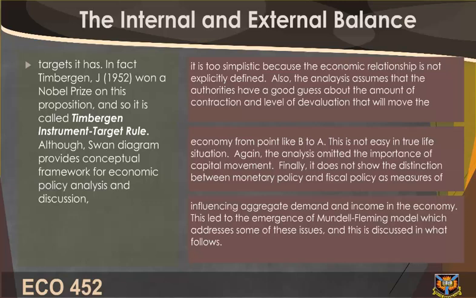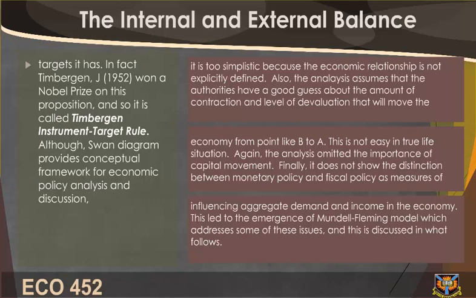Although the Swan diagram provides a conceptual framework for economic policy analysis and discussion, it is too simplistic because the economic relationship is not explicitly defined. Also, the analysis assumes that the authorities have a good guess about the amount of contraction and level of devaluation that will move the economy from a point like B to A. This is not easy in real life situations.